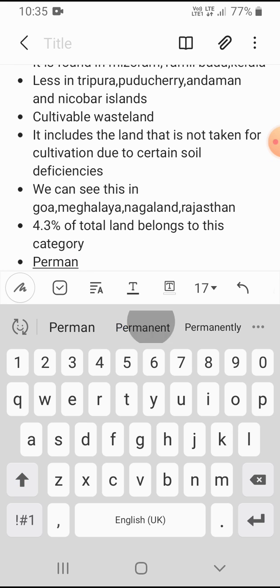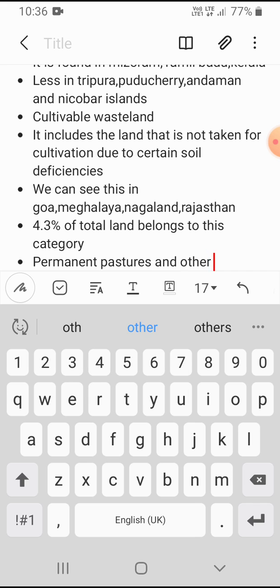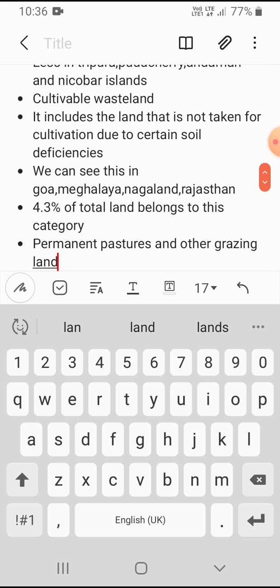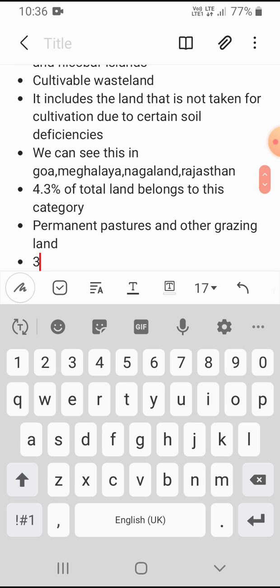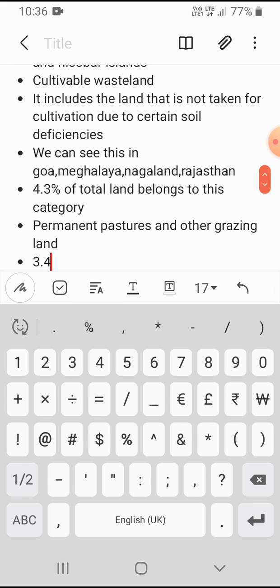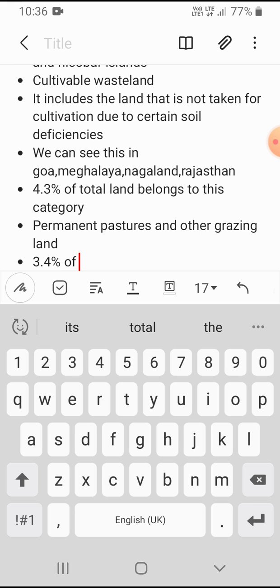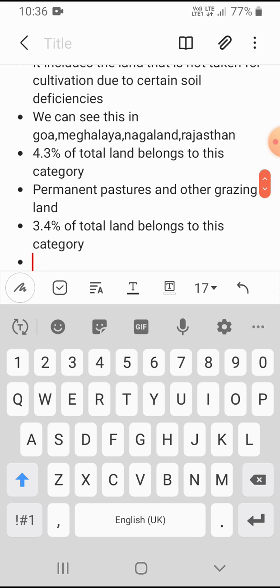The next land is permanent pastures and other grazing land. So permanent pastures and other grazing land. So next is, this type of land is only 3.4% of total land belongs to this category.